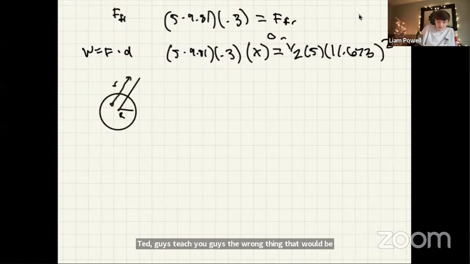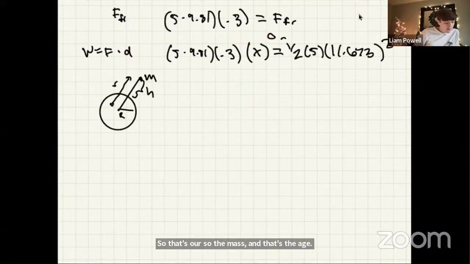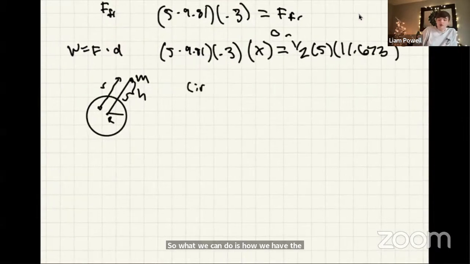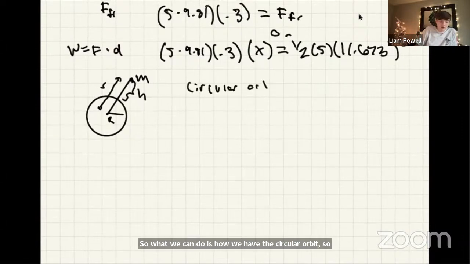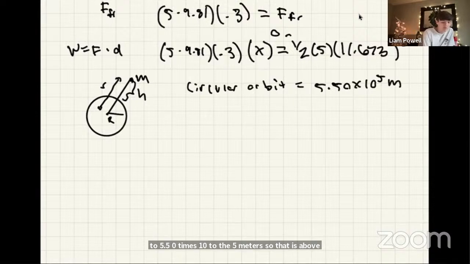So that's R, the mass, and then that's the h. Okay, so we want to find the mass of the planet. So what we can do is, we have the circular orbit. The satellite is in a circular orbit at a height of 5.50 times 10 to the 5 meters above the surface, which is quite a bit of meters.